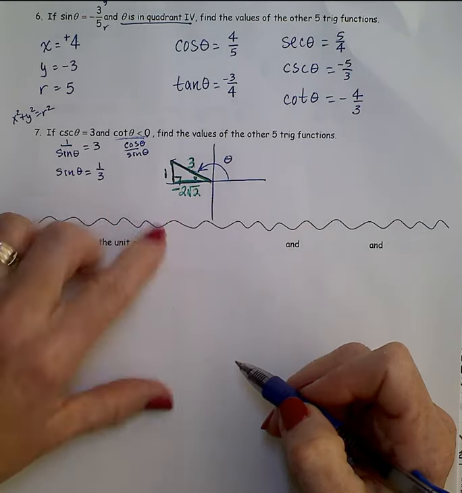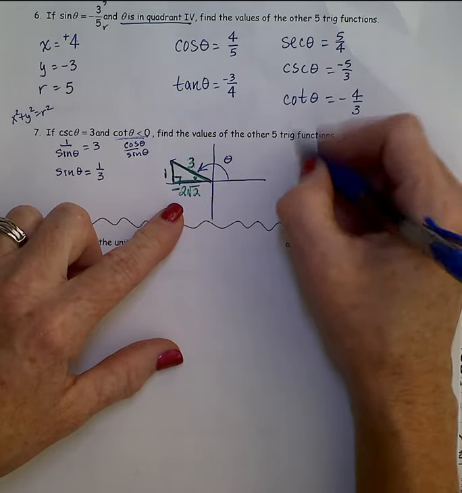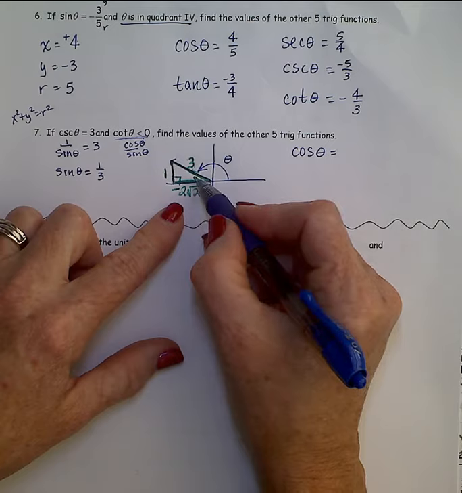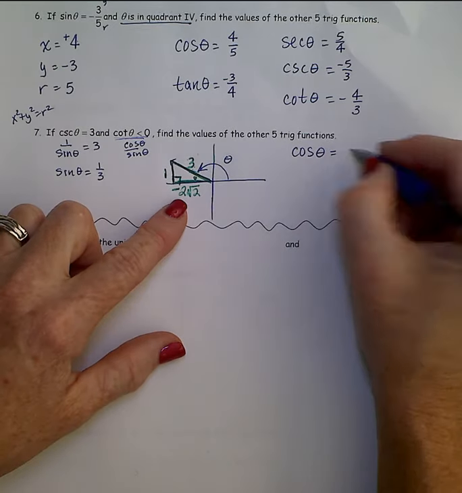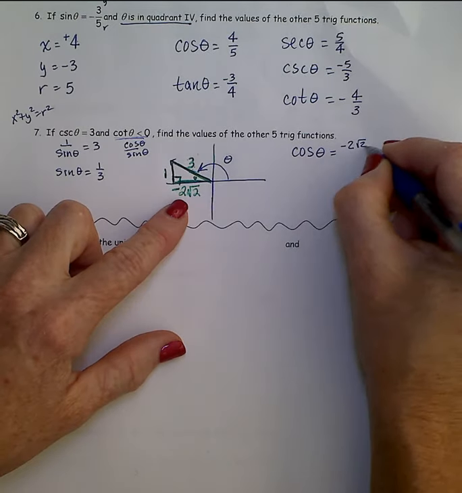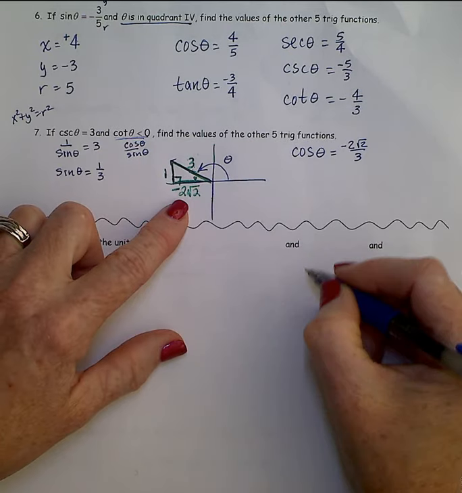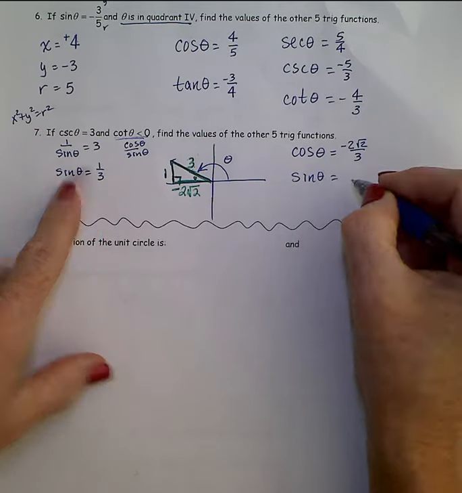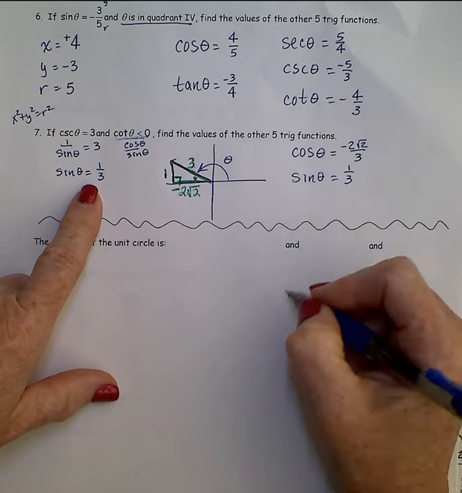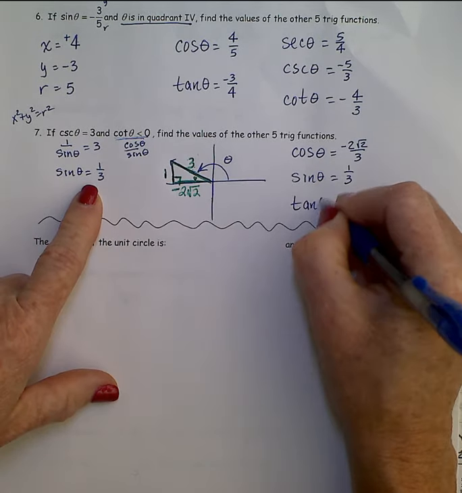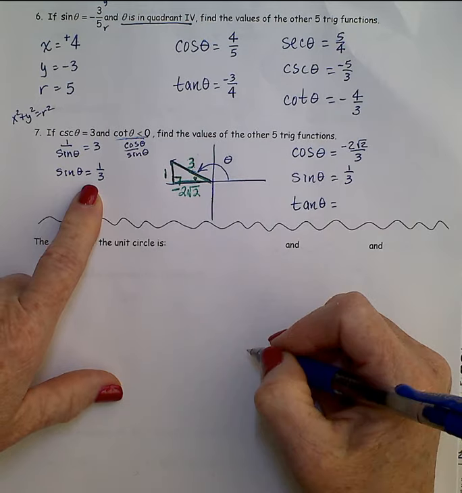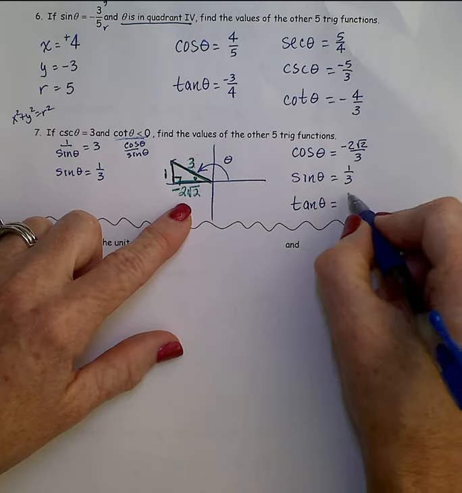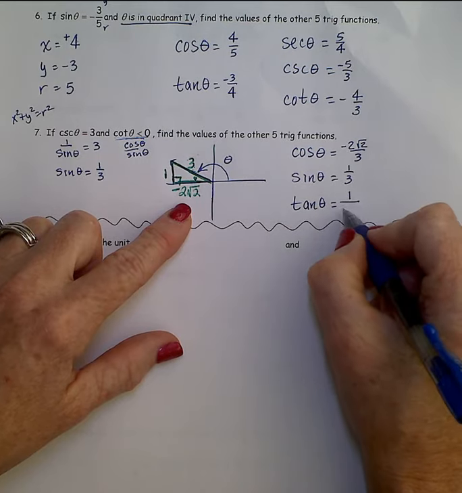Once you have that information, then we can just start writing the answers here. Cosine theta, adjacent over hypotenuse, so negative 2 square root 2 over 3. Sine theta, we figured out a couple of minutes ago. Tangent theta, opposite over adjacent. So that's going to be 1 over a negative 2 square root 2.